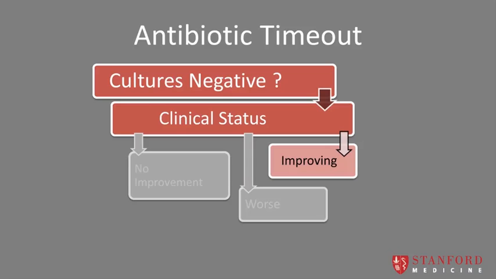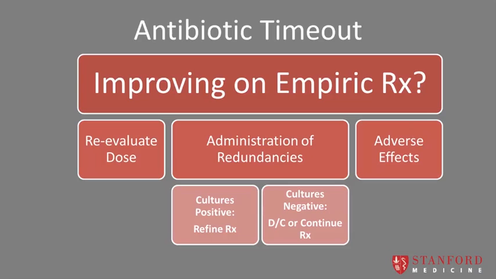Let's take the case in which the patient is improving. At that time, it's still important to reevaluate the antibiotic dose, to eliminate redundancies in coverage that might have been started, and to evaluate for adverse effects of the antimicrobials.